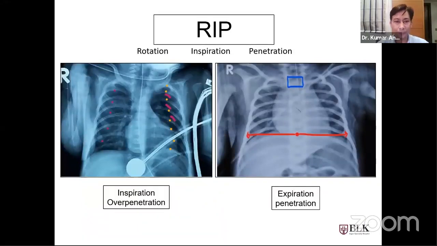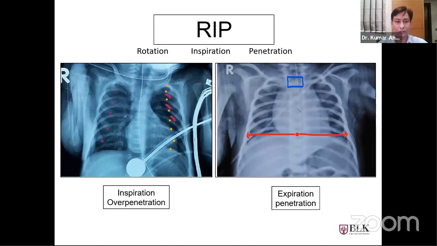Before approaching the X-ray, we follow some mnemonics. In my view, I follow the RIP view. R means rotation, I means inspiration, and P means penetration. If the X-ray is rotated, we should not comment on the diagnosis.